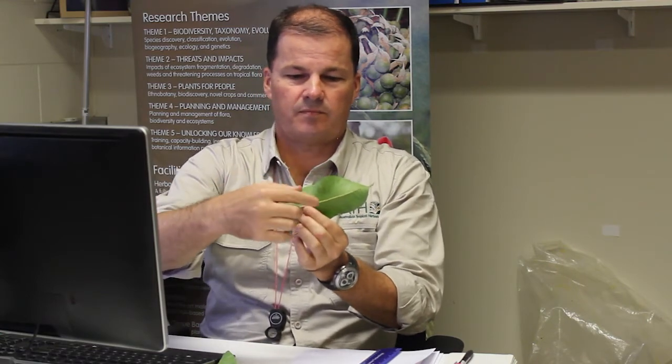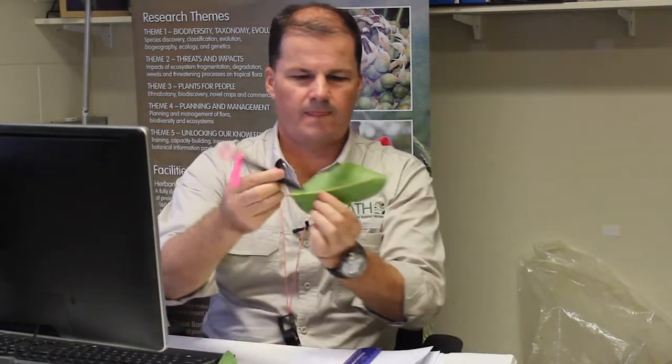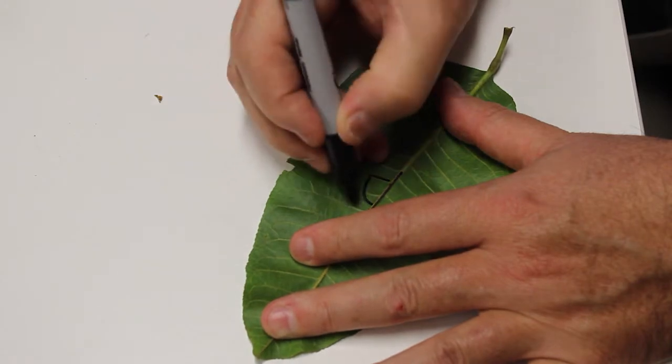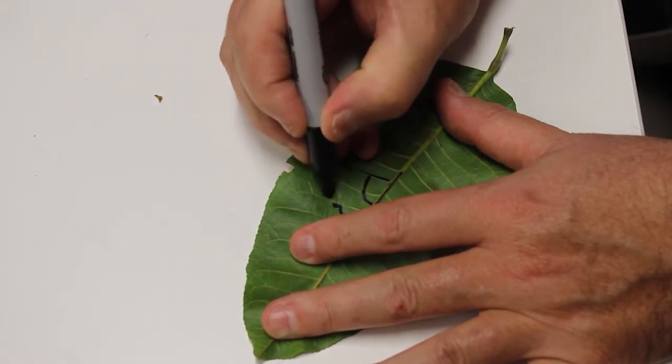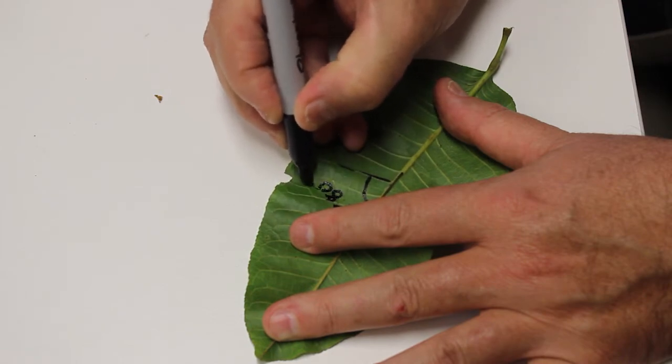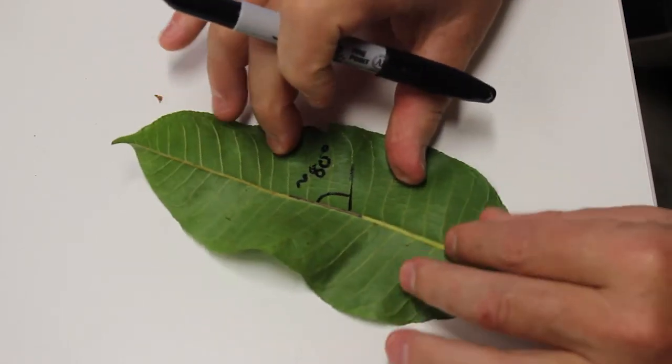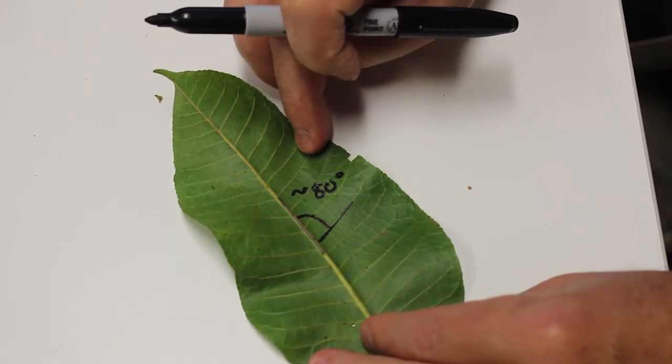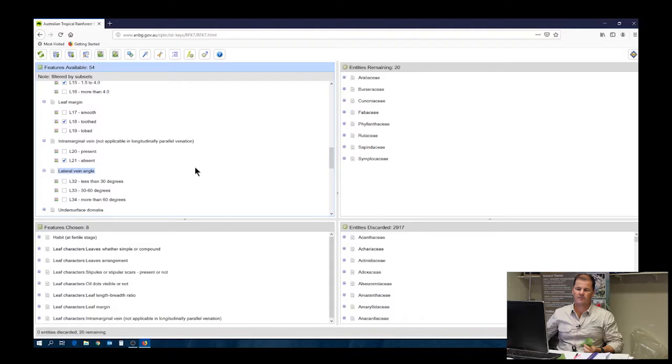In this case, that angle is very close to a right angle. So I can say that lateral vein angle is more than 60 degrees. It's actually very close to 90 degrees. L34.